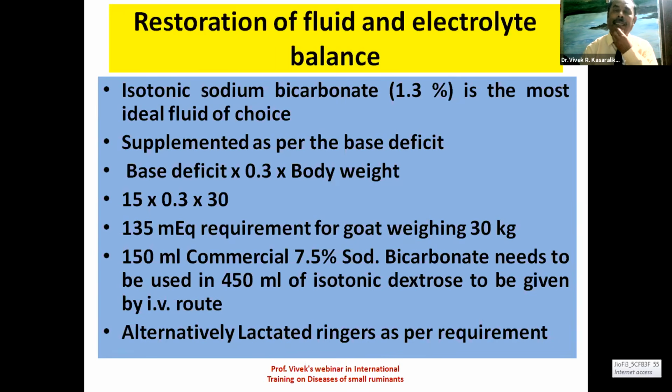So in some cases you will find that even in spite of giving lactated Ringer's, you will not be able to save the life of the animal. Okay, so my suggestion is that sodium bicarbonate in isotonic form can be given, and this is how it can be calculated. For a 30 kg goat, I have told you how much it can be diluted, and it can be given intravenously.